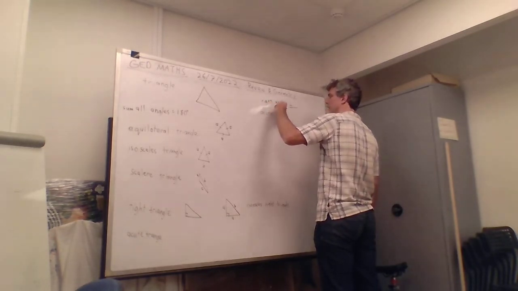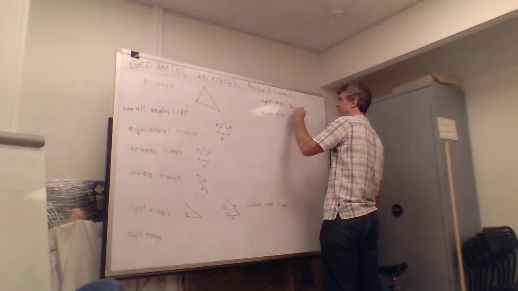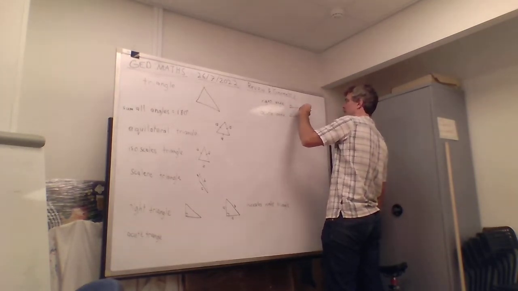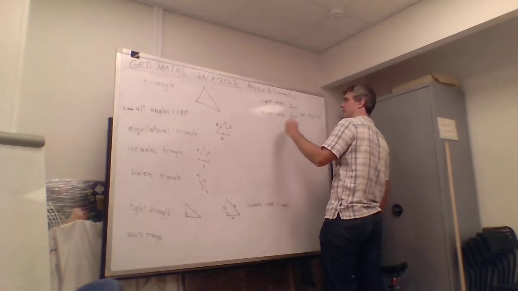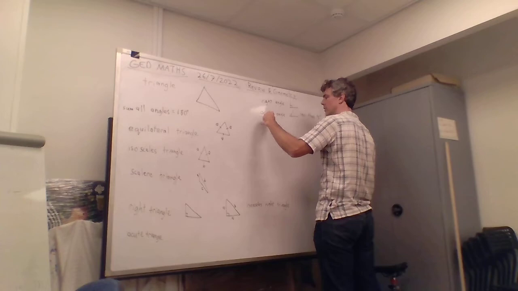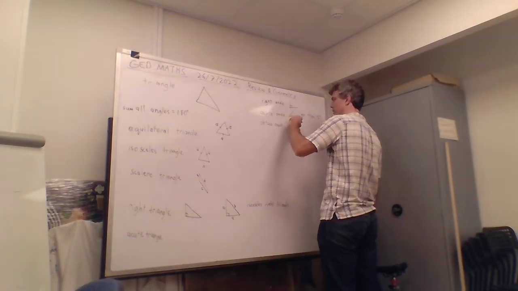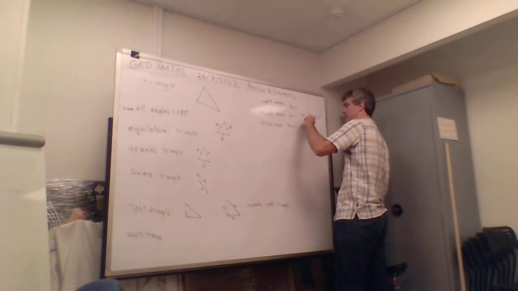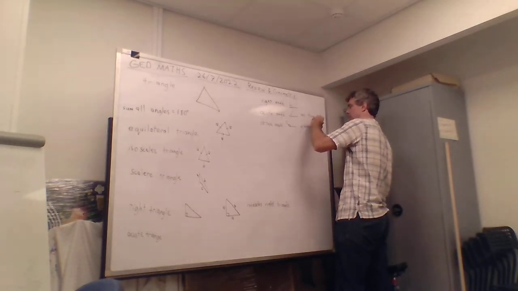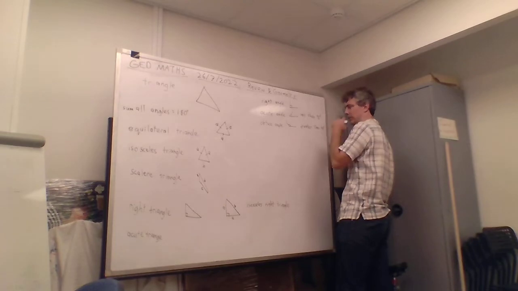Acute angle measure less than 90 degrees. And then obtuse is greater than 90 degrees. Okay?